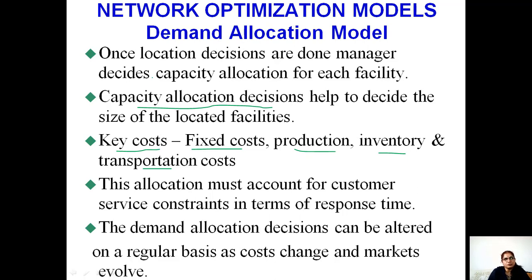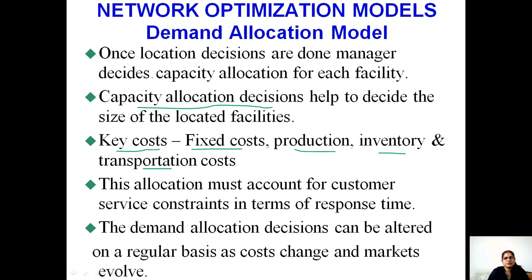If we have taken a loan, the interest on that loan will not depend on how many we have produced, so that becomes a fixed cost. Insurance to be paid will not depend on how many we produce, so once again that is a fixed cost. Whereas the raw material cost depends on how many we have produced. Labor cost depends on how many we have produced. Those costs are variable costs.